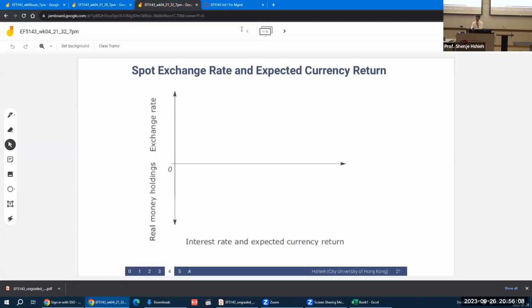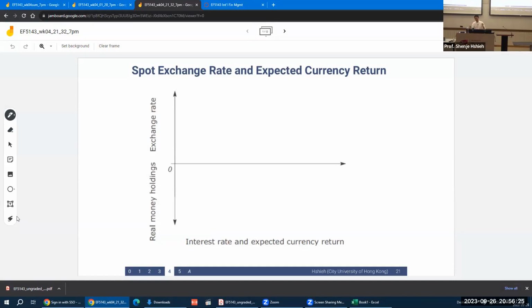So let's go ahead and combine those two graphs first, shall we? Let me tell you what has changed. I have now rotated the money market clockwise.